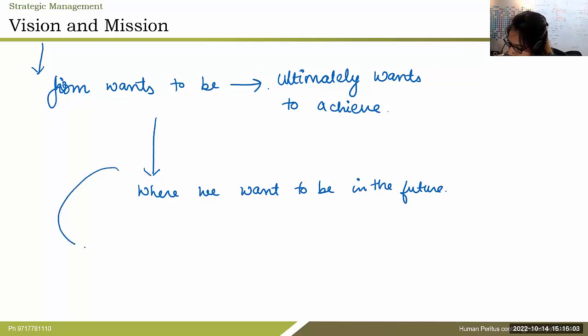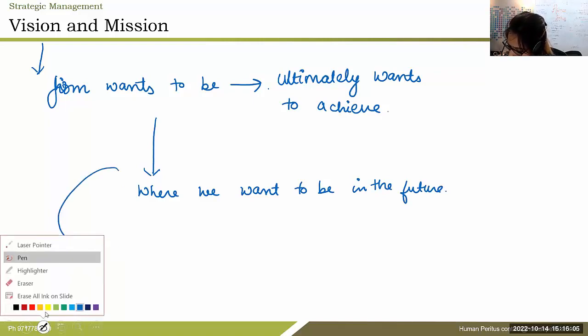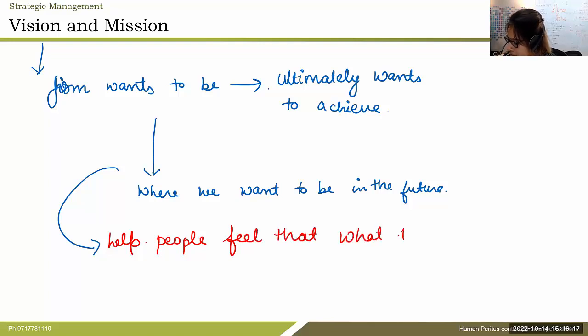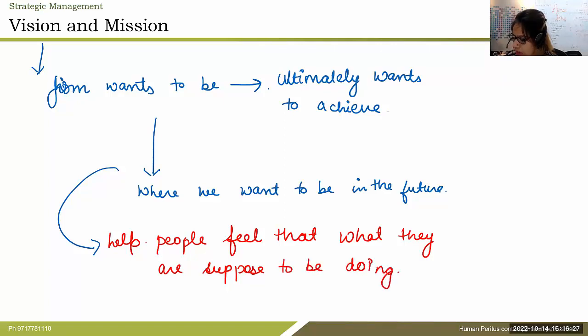This vision will help people feel what they are supposed to be doing. For example, my vision is to become a famous teacher.